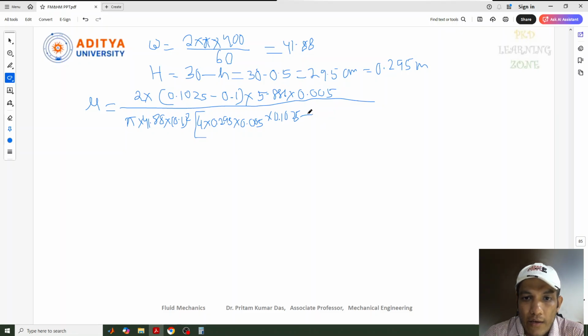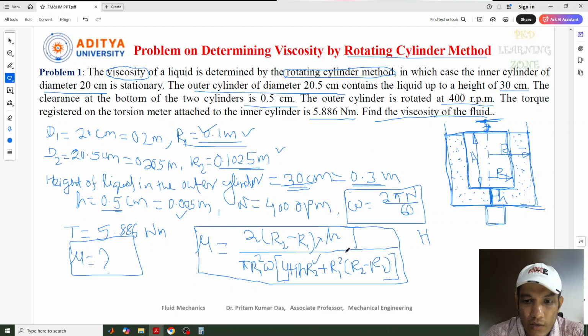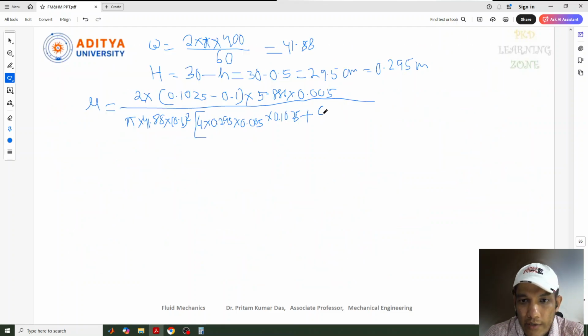Again plus R1 square, 0.1 square, bracket start, R2 minus R1, same thing, 0.1025 minus 0.1, bracket close, then square bracket also close.